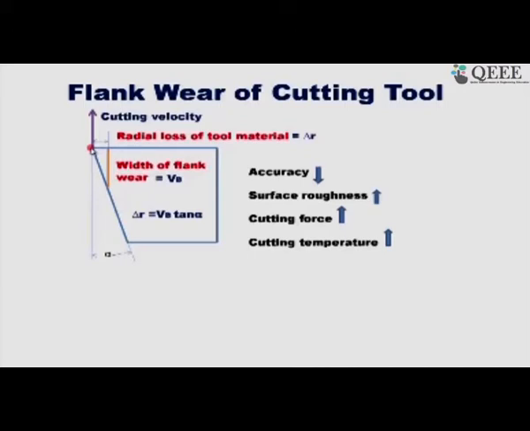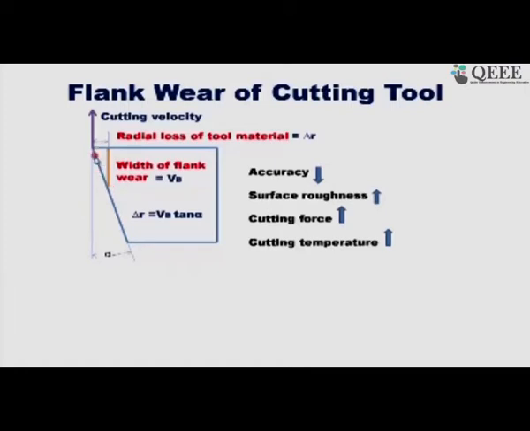As a result of this, the tool tip is no more in existence. It is non-existent now, and you can see this area of the cross section, into the width of the cut, meaning width of the chip. So, the width of the chip or width of the cut into this radial loss, and the width of the flank, will give you the total volume of the material disappeared from the scene.